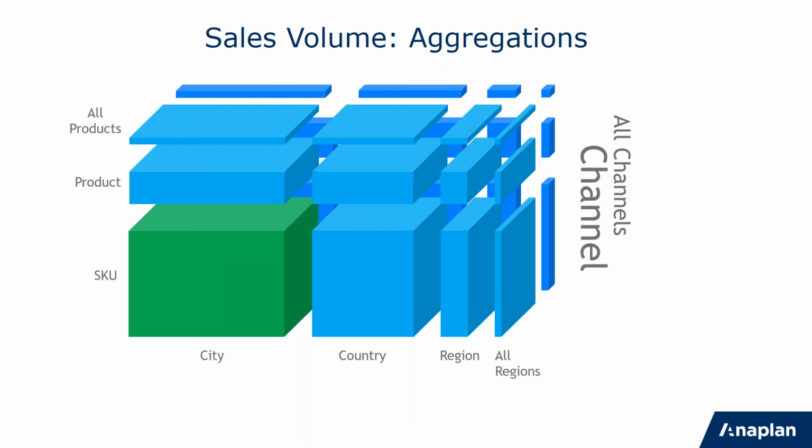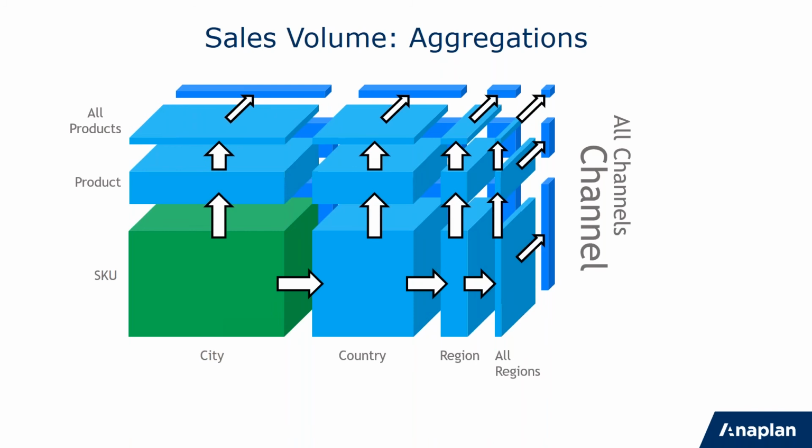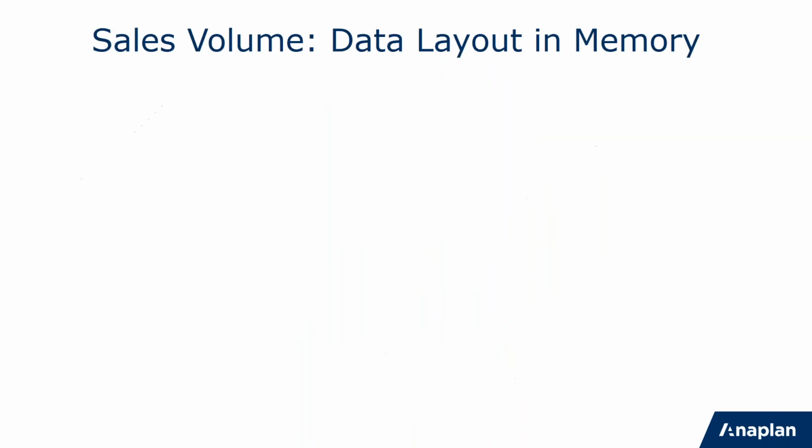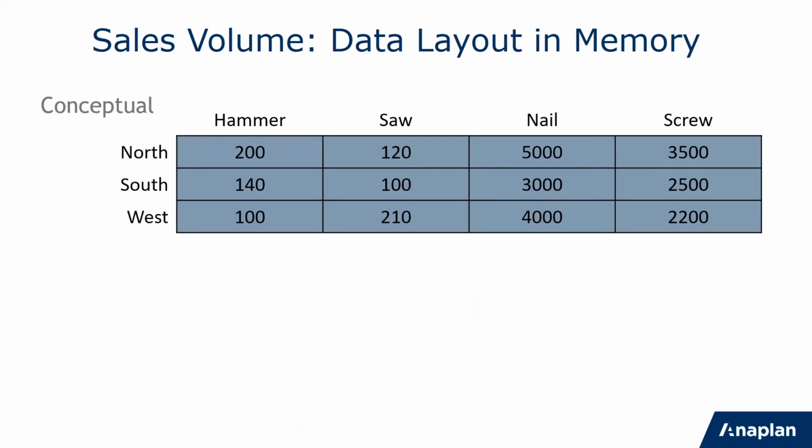And if you look at this little bit here, that is actually just a single cell block, and that's all products, all channels, all regions. Okay. When we aggregate along one dimension, starting with region, and then up through the product hierarchies, and then down across from channel to all channels. So just like this. Okay.